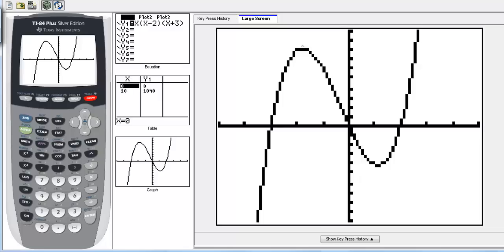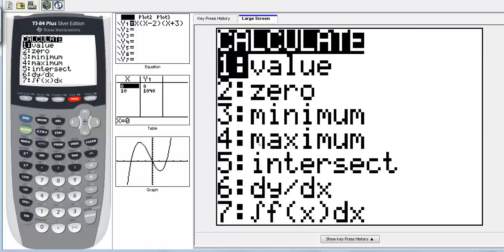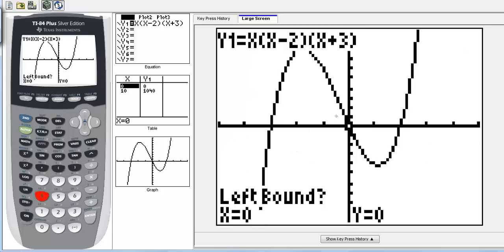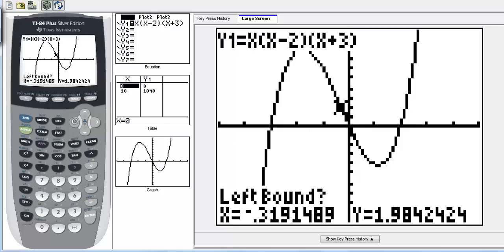So here we know up here at the top on the left we have a relative max because we're increasing and then decreasing. And then on the bottom right we have a relative minimum value because we're decreasing and increasing. So if we want to find this relative maximum point, once again, we're going to hit second function and trace. And we're looking for the maximum, so number 4. And over here at the left, we move the cursor to the left of our point.